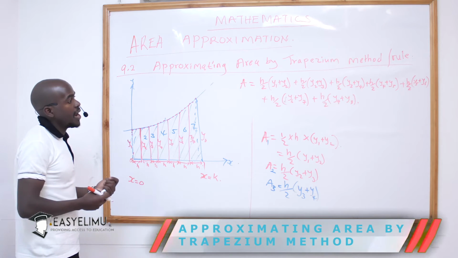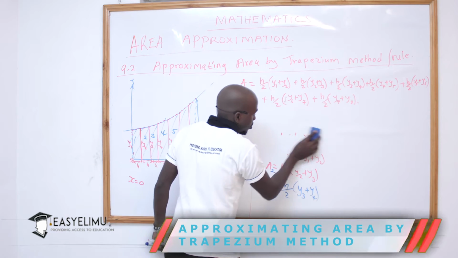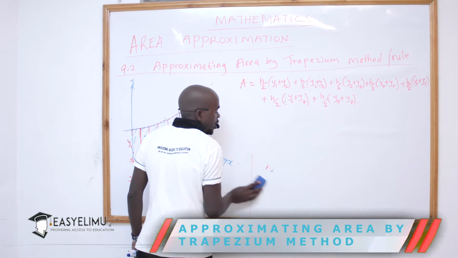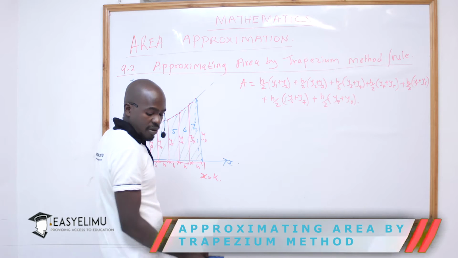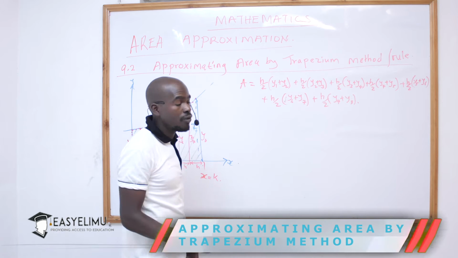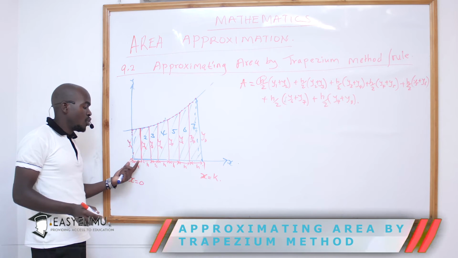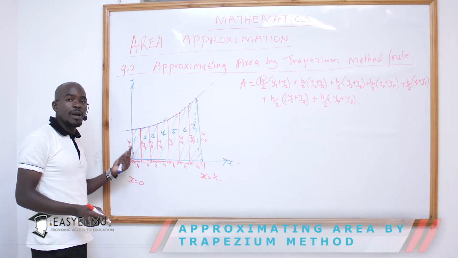From there we can sum them together. If we collect them, we see that h over 2 is uniform. And remember, h is the uniform distance from one trapezium to another.